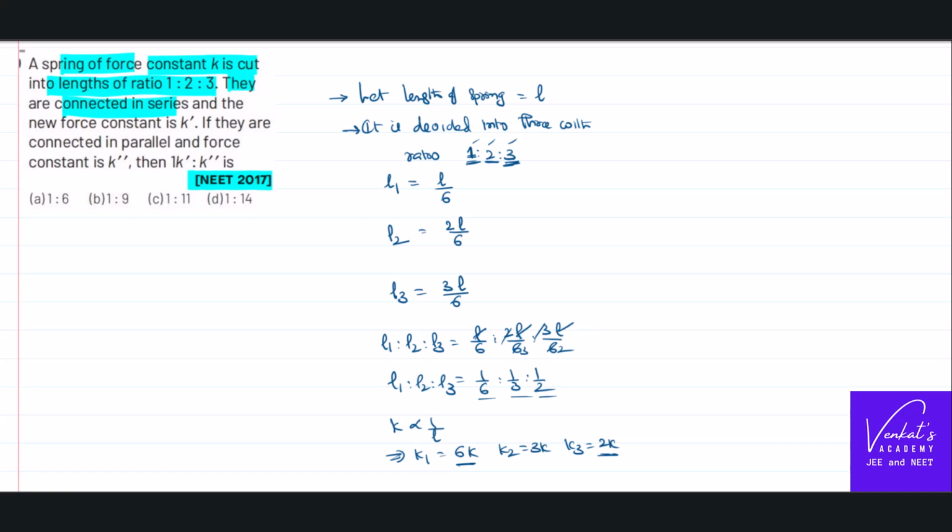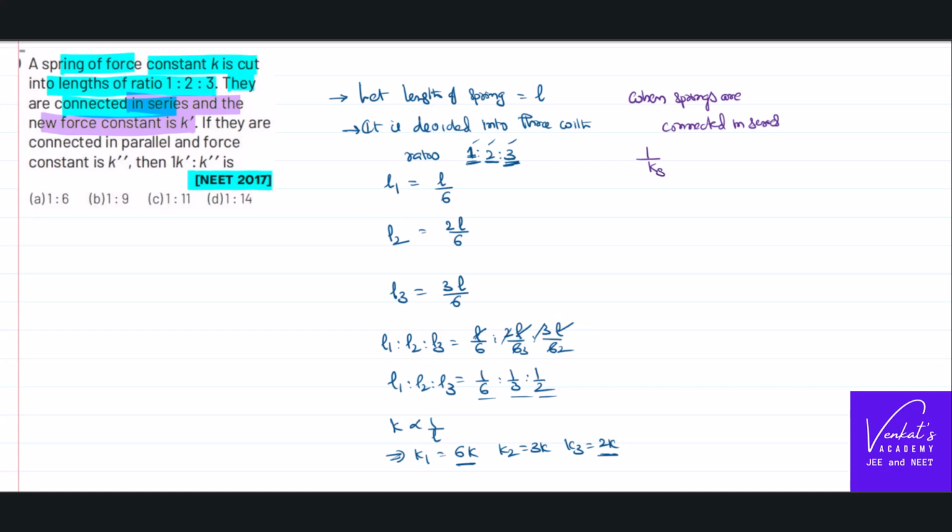Look at the next part of the problem. When they are connected in series, their new spring constant is K dash. So what happens when springs are connected in series? When springs are connected in series, the force is same, the elongation is shared.